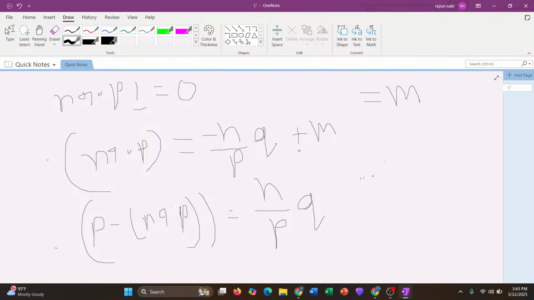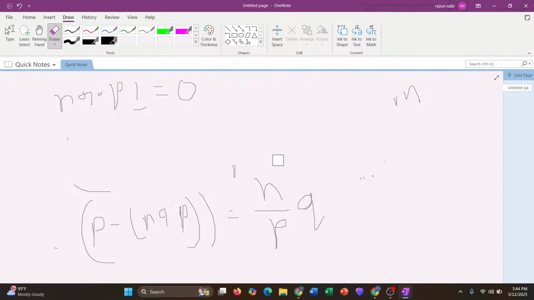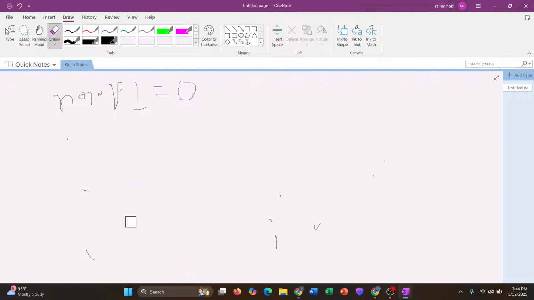So in this second case, what we can do is, suppose n is equal to 8 and p is equal to 3.